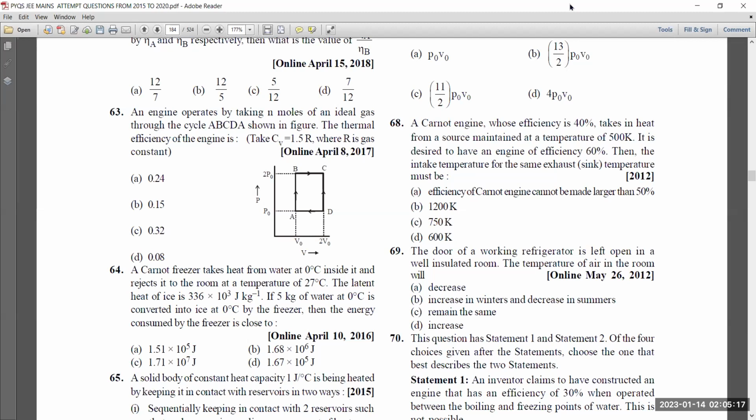I think every question I have covered in this short lecture. But the thermodynamics of JEE-Mains is quite different from thermodynamics of JEE-Advanced. In Advanced, sometimes it goes really challenging in terms of writing. It's like too much of writing, too much of manipulation.